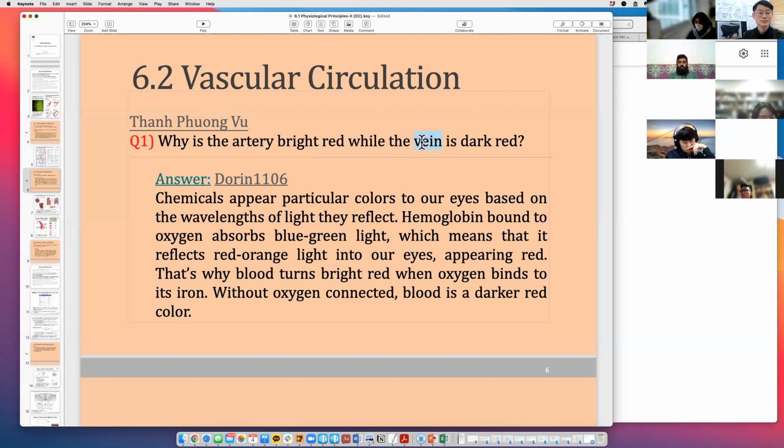I think vein blood is deoxygenated, and several epithelial cells. You don't have to, this is a little more open. You have to think, right? So you said it's deoxygenated blood. Very good point.